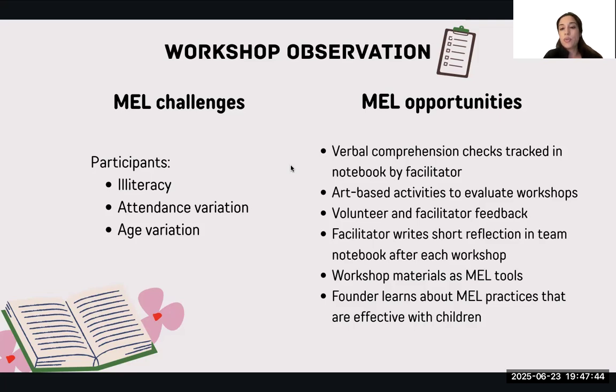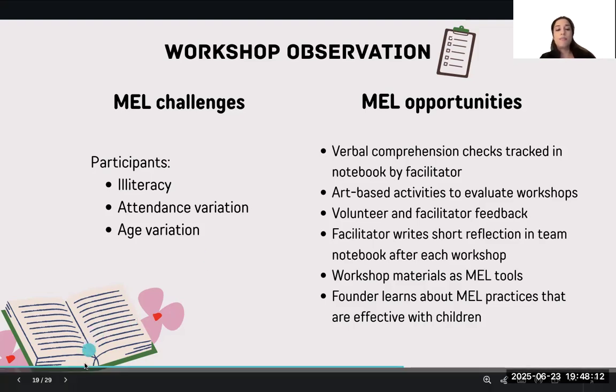Other things: using the workshop materials as MEL tools. So if the girls are writing on some type of workbook or on paper, using that as a monitoring, evaluation or learning tool. Another opportunity is for the founder and volunteers or staff to learn about MEL practices that are effective with children, going back to the art-based activities.